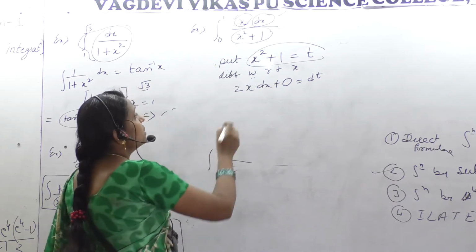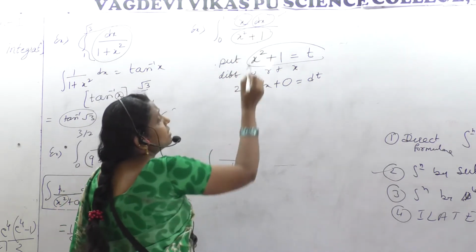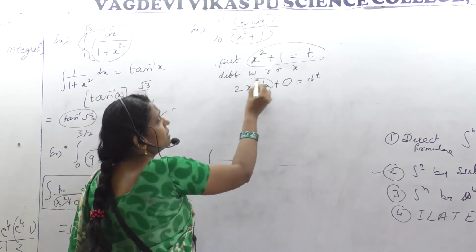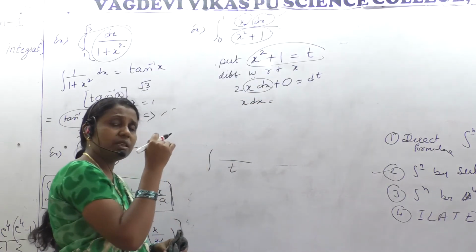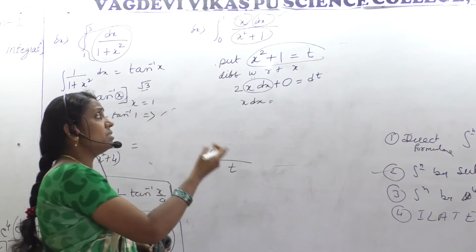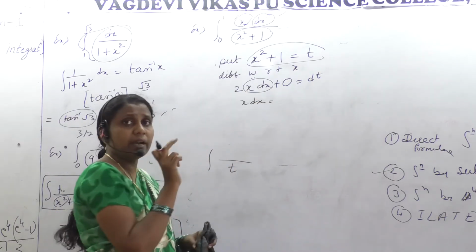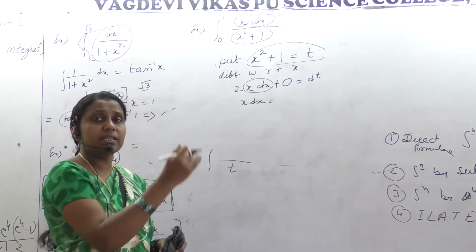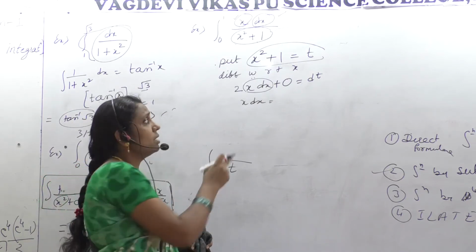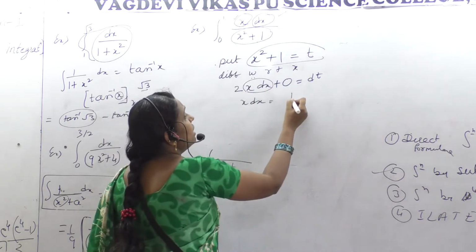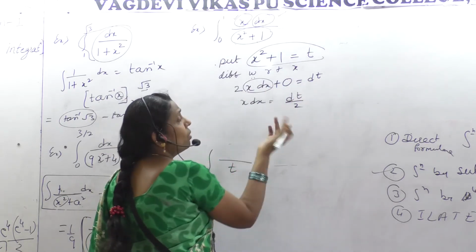Now you check. In the numerator, x dx is there. Now x dx I will put here itself. You have to go on checking with every step whether only dx is required, or x is also there, meaning x dx is required. So every time you have to analyze the steps. x into dx is dt by 2. How come 2?